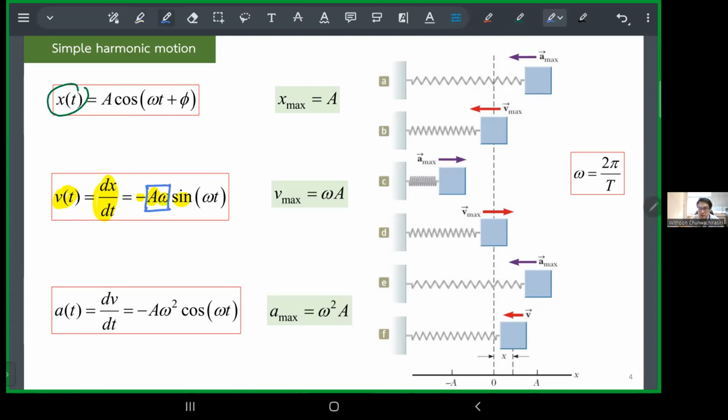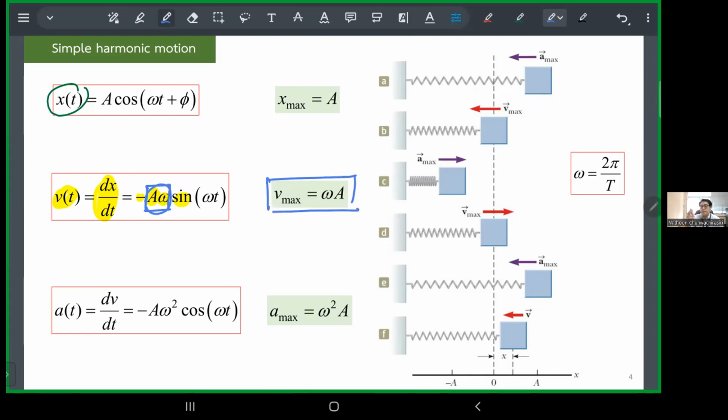Everyone knows sine and cosine functions never go beyond 1 and never go below negative 1. So that means the velocity will never go beyond this value right here. It's going to bounce fast and slow, go to 0, flip the direction, doesn't really matter. But the maximum that you're going to get is omega A.